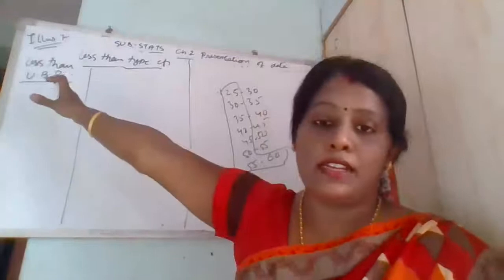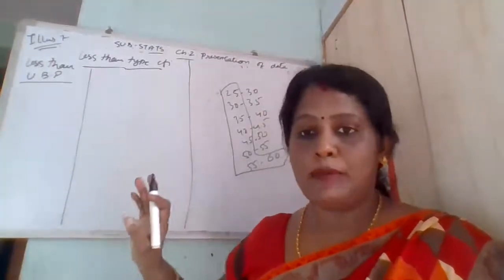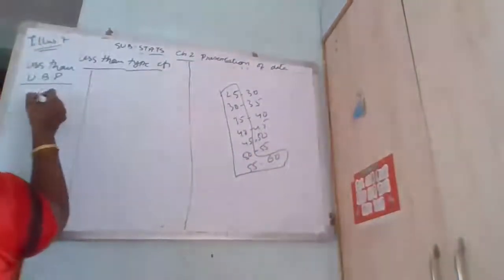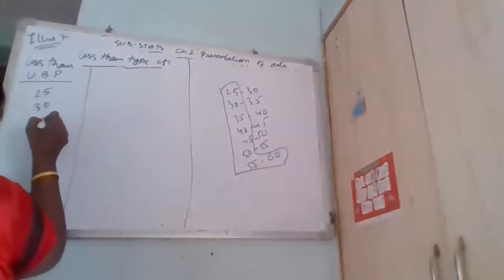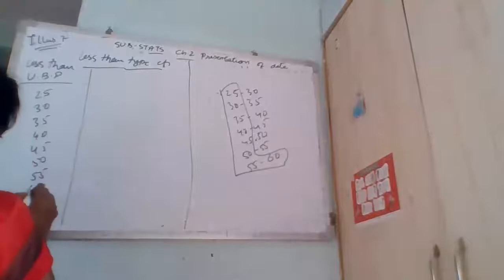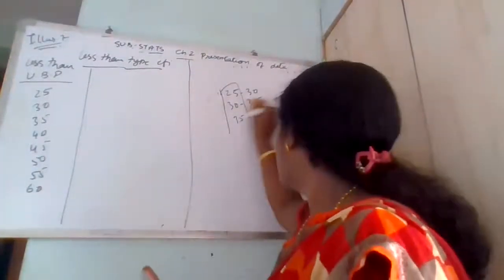That is, I have written less than upper boundary point. So you have to write 25, 30, 35, 40, 45, 50, 55 and 60. So this is less than upper boundary point.